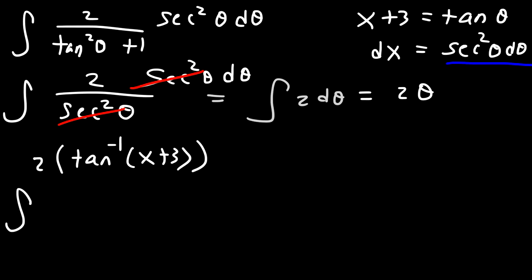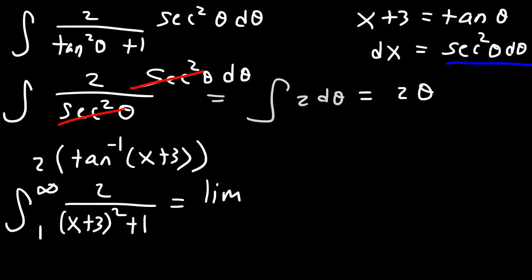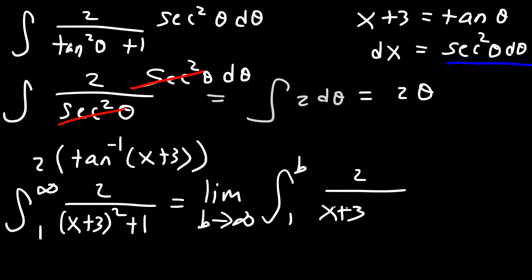Therefore, the integral from 1 to infinity of 2 divided by x plus 3 squared plus 1 is going to be equal to the limit as b approaches infinity of the integral from 1 to b of the same expression. And let's not forget dx.